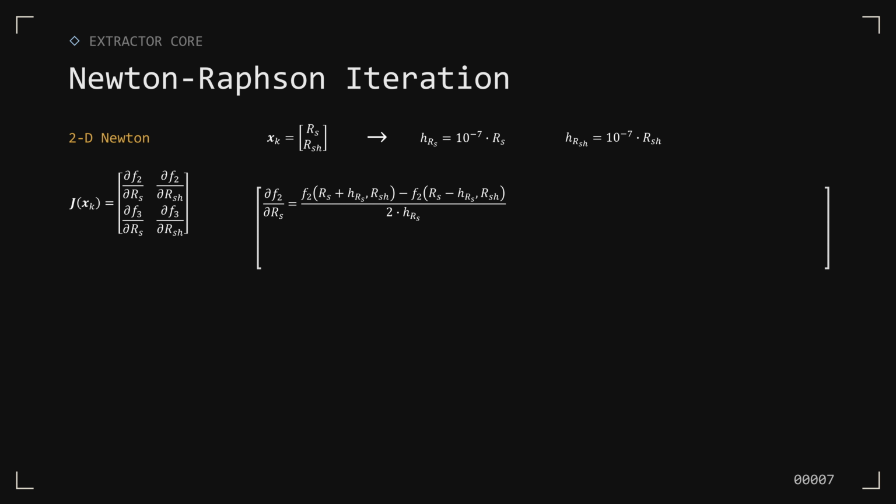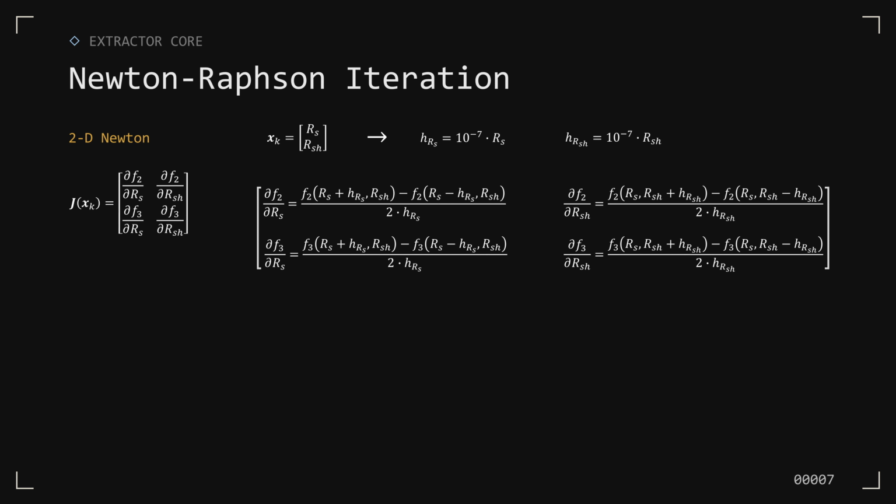Since this is a partial derivative, RSH is held constant, and then this process gets repeated for the other three derivatives. This means to build the full Jacobian, we need to evaluate F2 at 4 perturbed points and do the same for F3. We also evaluate F2 and F3 at the unperturbed point in order to build the f of x vector.